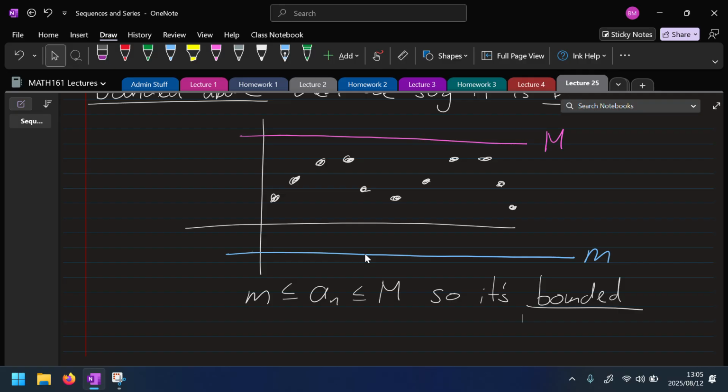There will be a lot of limits, limit laws, squeeze theorem, L'Hopital's rule. All of those limit topics will come on Thursday. So please go through all of that tomorrow, and tonight, if you are a bit rusty with that. Any questions before we go? All good. Okay, so please revise that for Thursday.